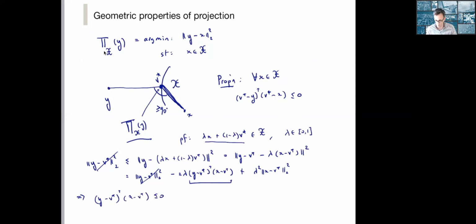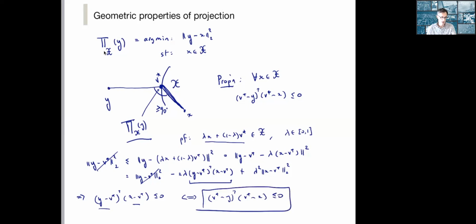But this is exactly what we're trying to prove. Note I just flip both of these, and so this is equivalent to what we want to prove: v star minus y transpose v star minus x is less than or equal to 0. This is exactly what the above picture is showing.